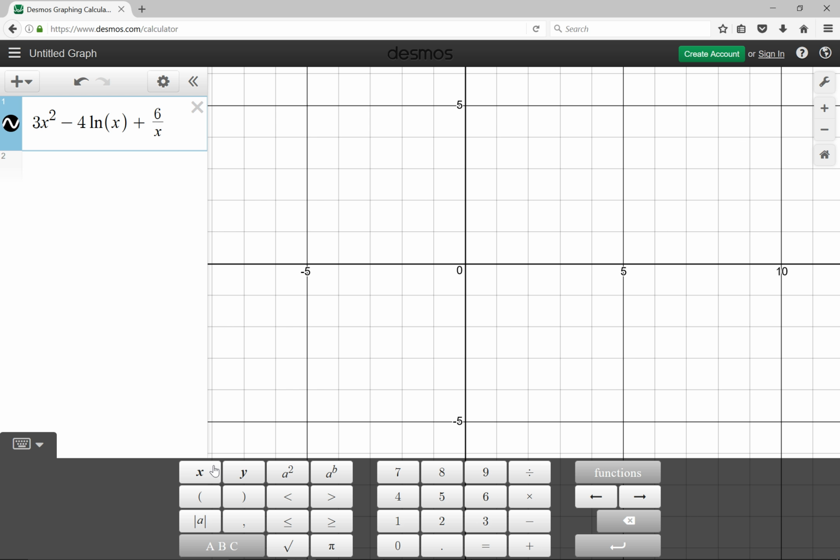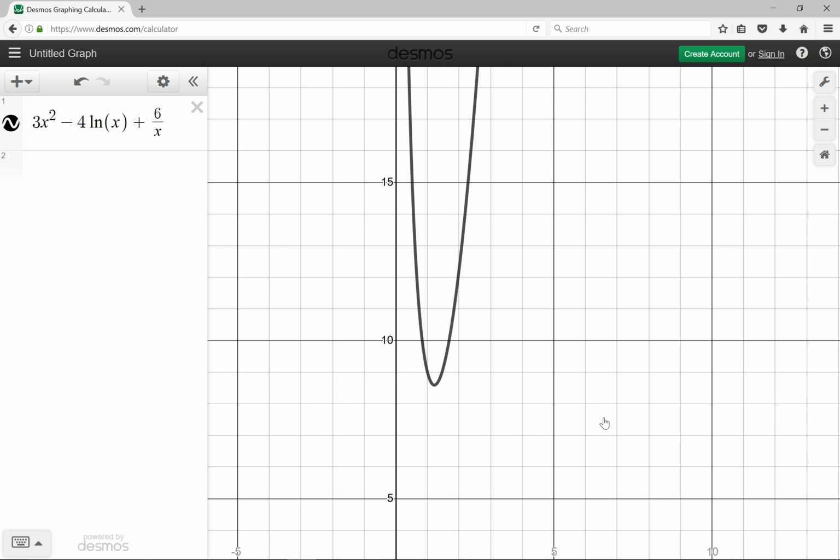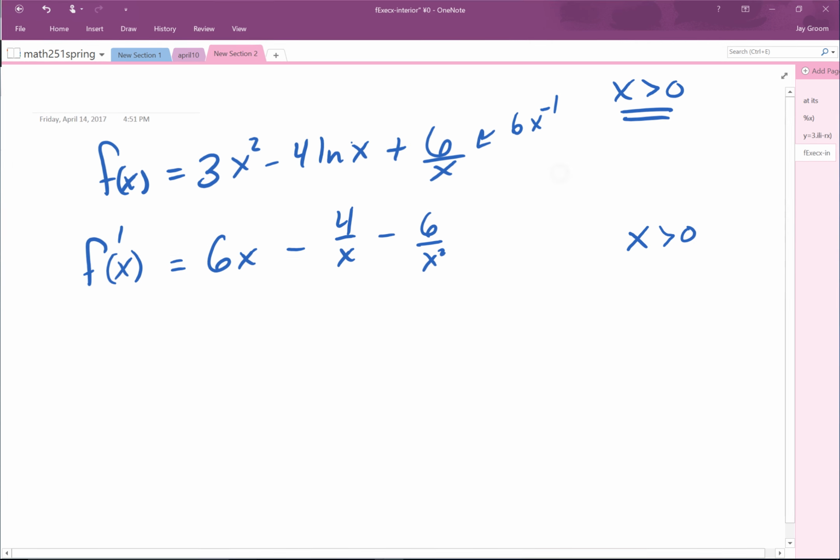And you're like, why, Jay? Well, I'll tell you. The reason is because 1 over x exists everywhere except 0. But the derivative of ln of x is 1 over x only for the part greater than 0, because the function ln of x only exists for positive values.